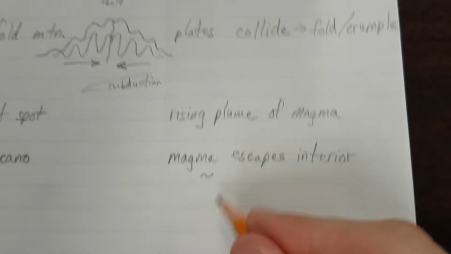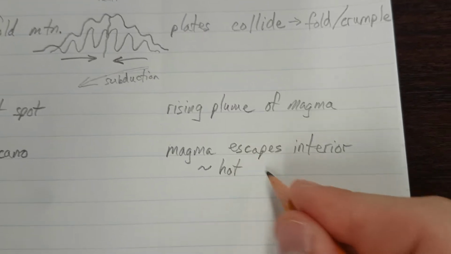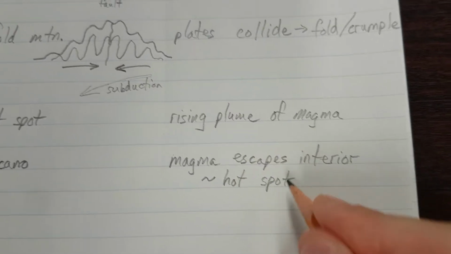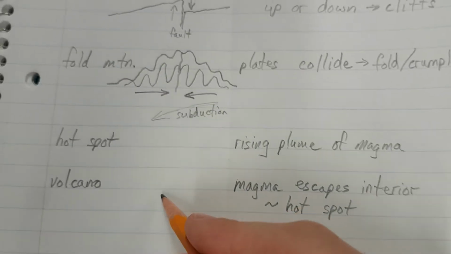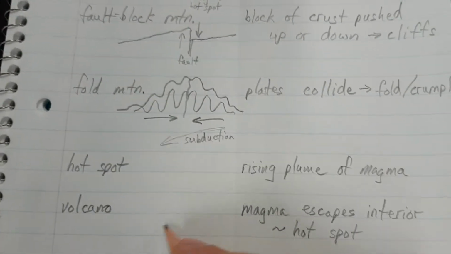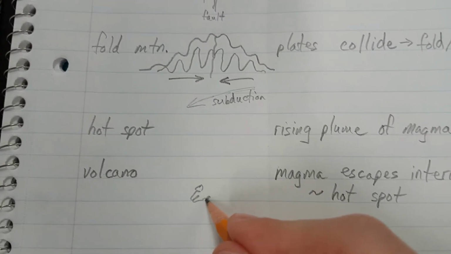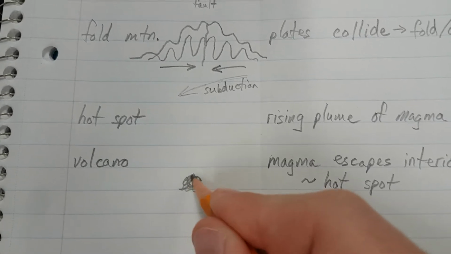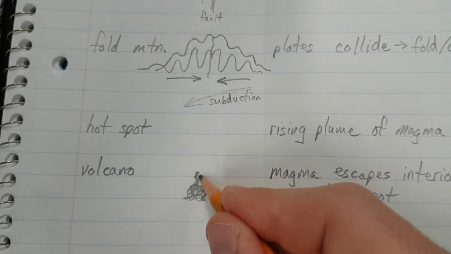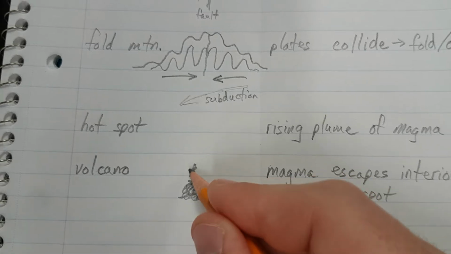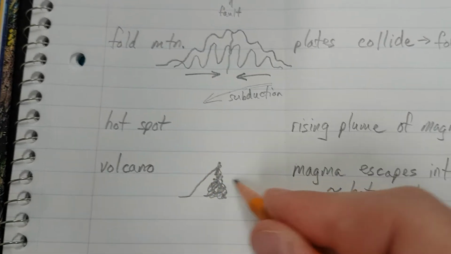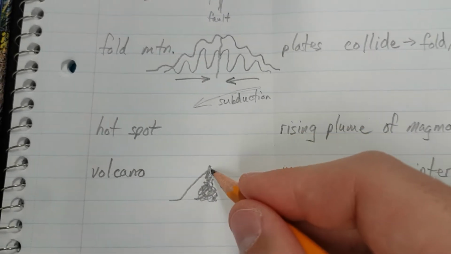So squiggle line, hot spot. It's kind of like a hot spot, but it bursts out. So let's draw the little magma hot spot that we had earlier. But then let's keep going up and up and up. And then we'll draw a line down to the left and a line down to the right.